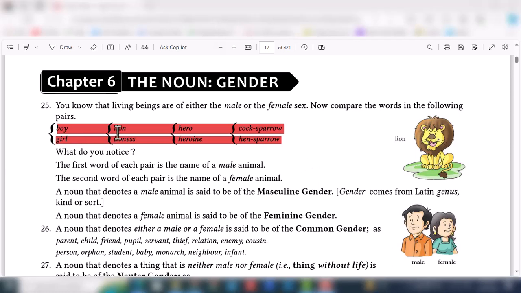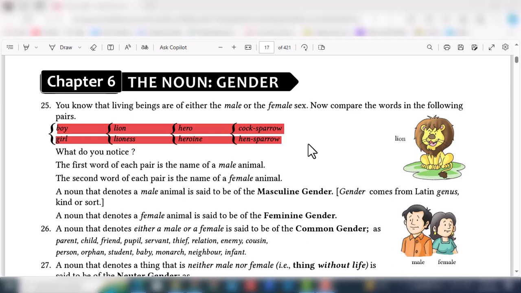After boy and girl, there are the lion, lioness, and hero, heroine. The first of each pair are male, and the second are female, as the words in these pairs show. So a noun that denotes a male animal is said to be of the masculine gender.